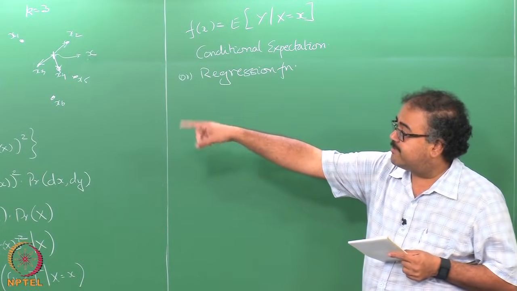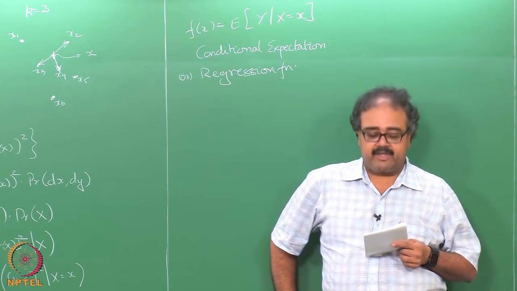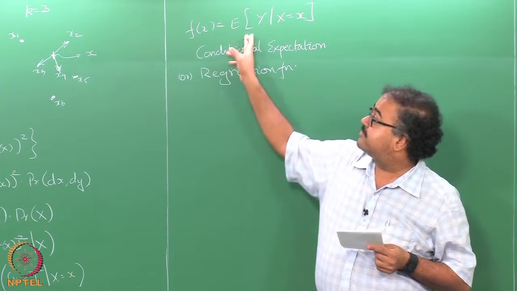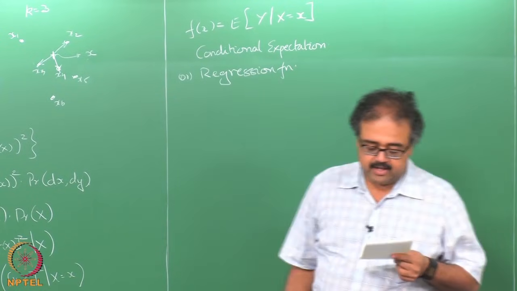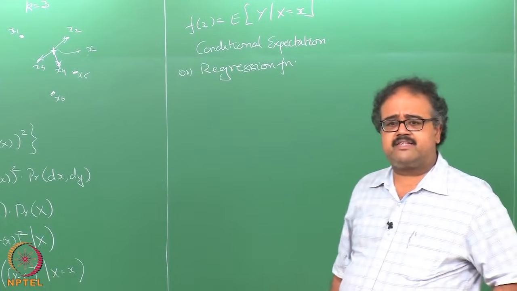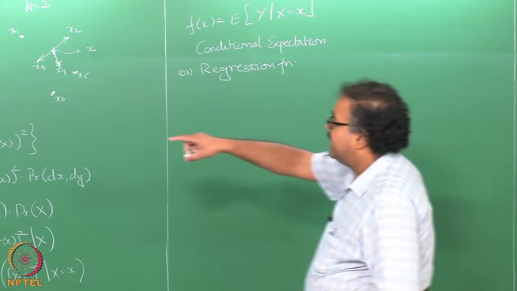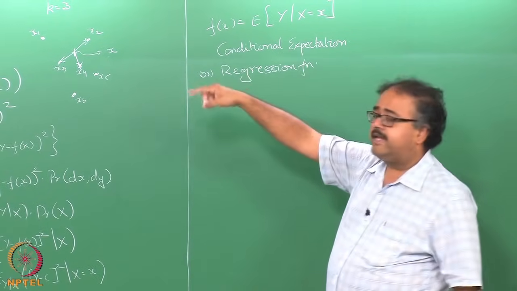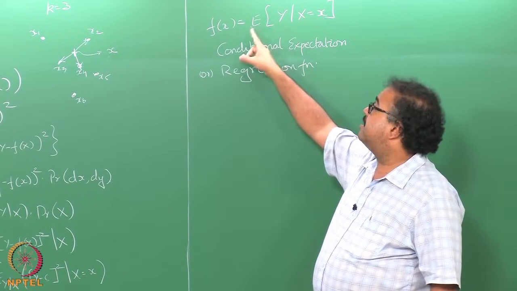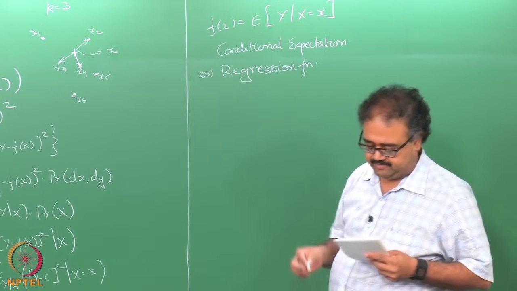So, what is the data that is given to me? I have these pairs x1 y1 to xn yn. So, that is the data that has been given to me, and I have to estimate this expectation from that data, right. So, how will you do that? So, it is very simple. You know that you can always estimate the expectation by taking averages. So, what you would do is from your data you pick all the training data points that have this value of x, find the corresponding y, take an average and you are done, right.